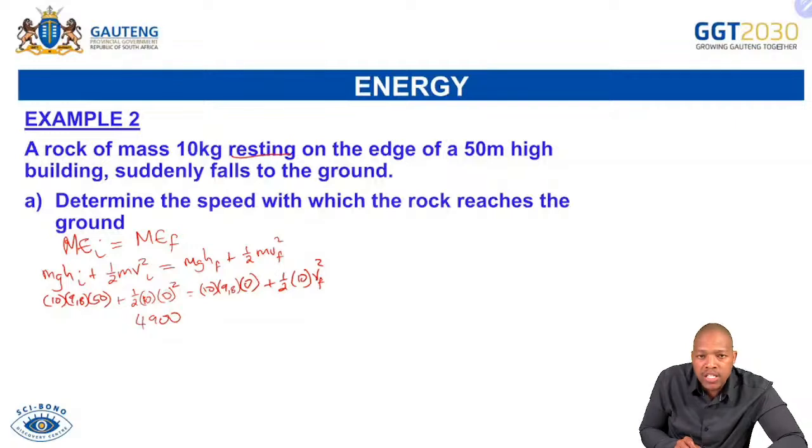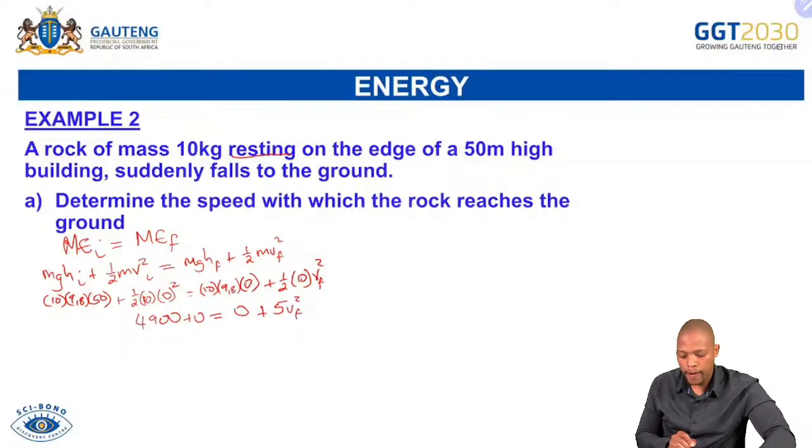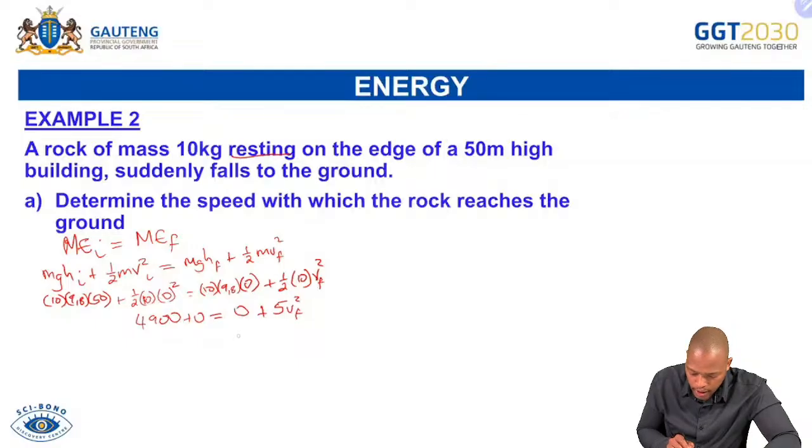This is obviously going to give us 0 because anything multiplied by 0 will be 0. This again gives us 0. Anything multiplied by 0 is 0. What is half of 10? That should be 5 v squared f, okay, which is the final velocity as it reaches the ground. So in solving for this, we have 4,900 equal to 5 v squared f.